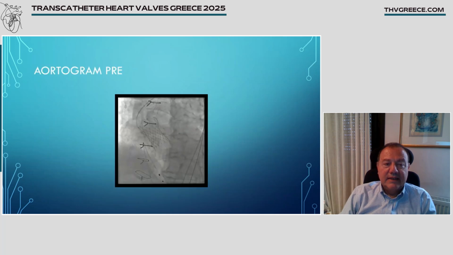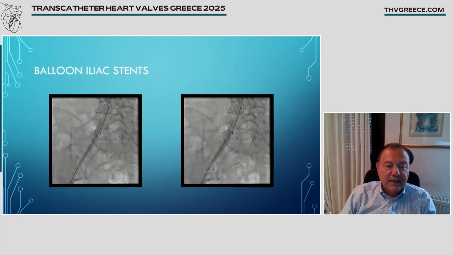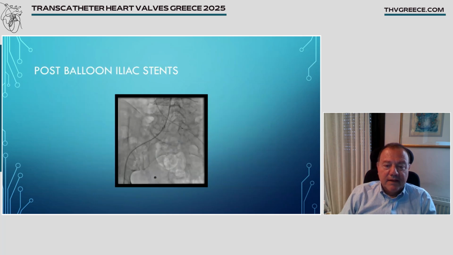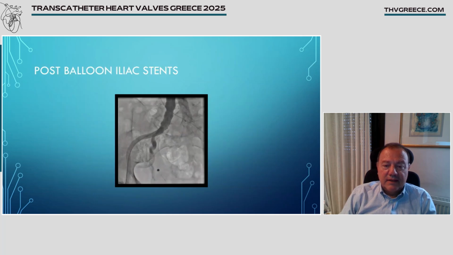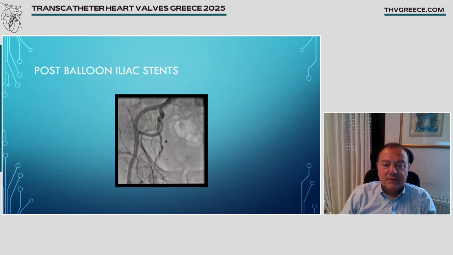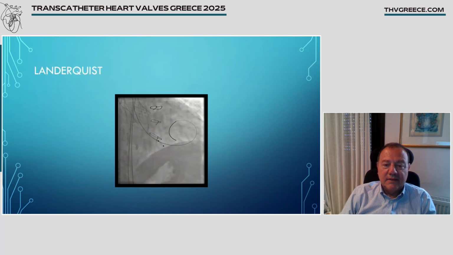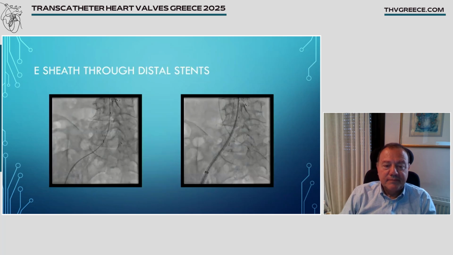This is the aortogram pre-procedure. You can appreciate the aortic regurgitation. We first did a balloon of the iliac stents, an aortogram afterwards, and we put a Landerquist in the left ventricle.